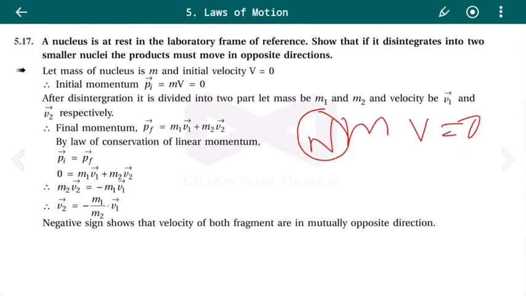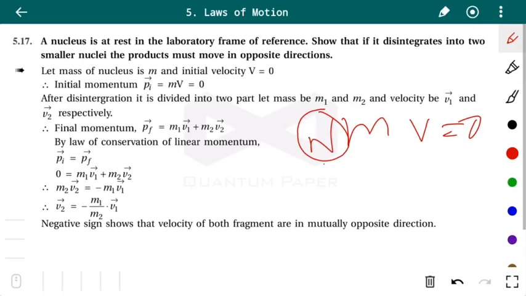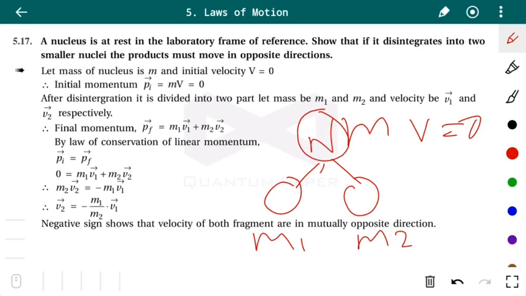Now after disintegration, it splits into two masses, m1 and m2, and they move in opposite directions. Let the velocity of mass m1 be v1, velocity of mass m2 be v2.